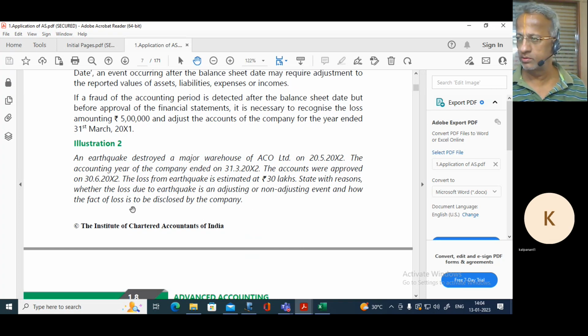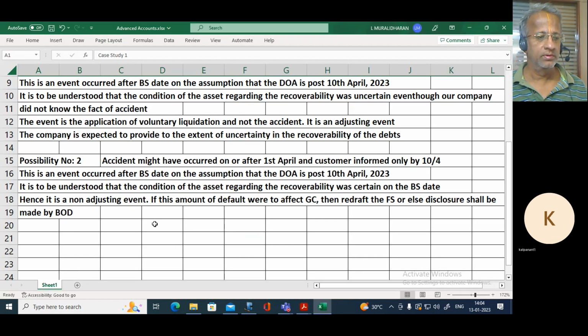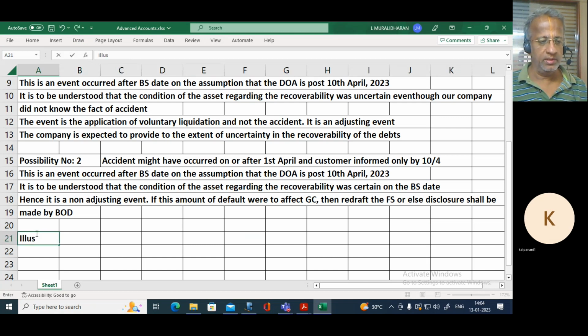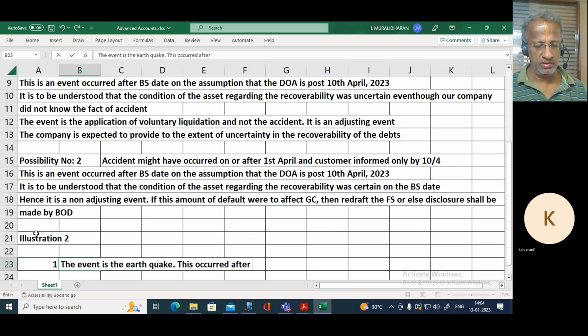Say for illustration 2. Now I will try the illustration. Point number 1. The event is the earthquake. This occurred after 31st March, but before the date of approval. Hence, it is an event occurring after the balance sheet date.